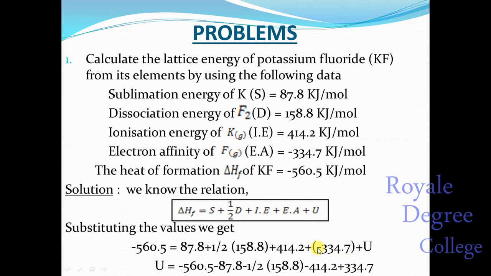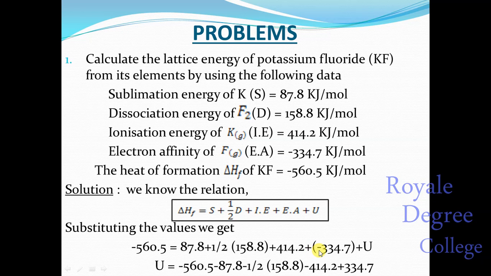So what we are doing, U we are keeping on that side only, and the rest of the things we are bringing to the other side. Here minus 560.5 is as it is, and all these values are changing here. Positive is becoming negative, and negative is becoming positive. So here minus 87.8, then minus 79.4, then minus 414.2.